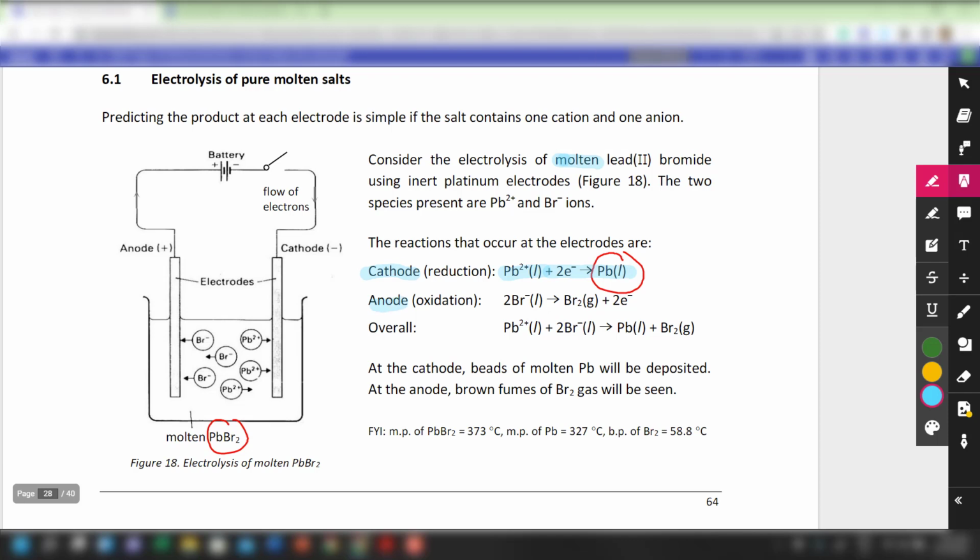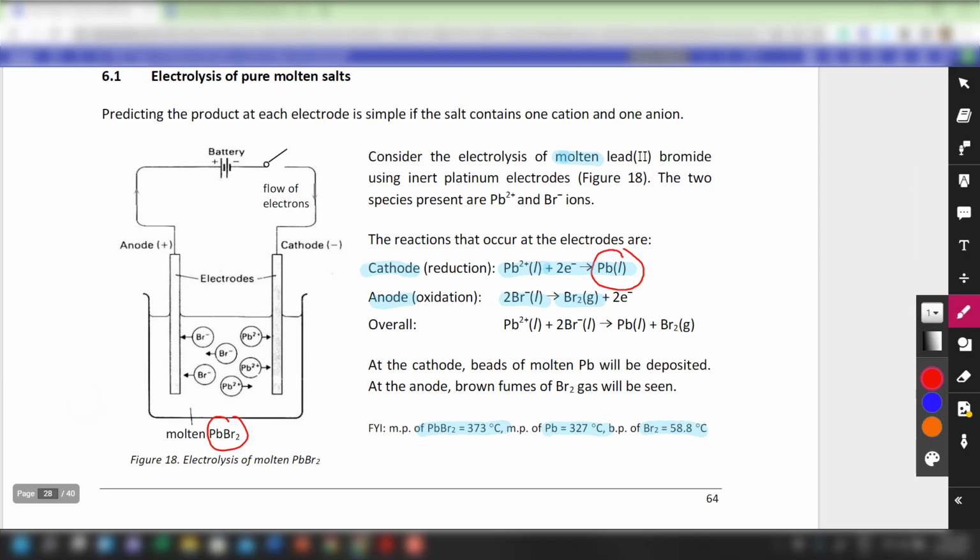For the anode, liquid bromide anion is being oxidized to gaseous bromine. Do take note of this, and the temperature is quite important. The melting point of lead bromide is about 373 degrees Celsius, so I would expect bromine to be vaporized and lead to remain molten.